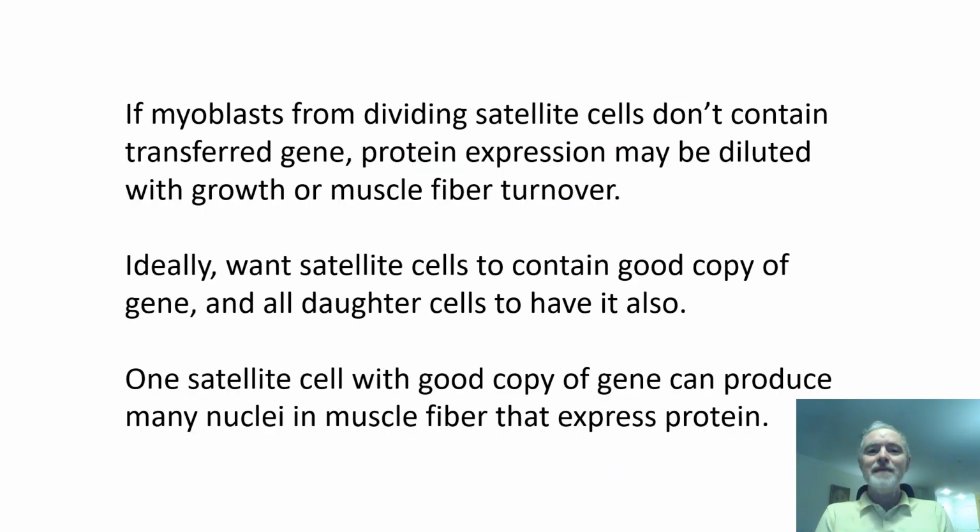So it may be that if a person is treated before they're fully grown, then the amount of the transferred gene and the amount of protein made by the transferred gene will be diluted, and so that won't be as effective at preventing the disease. Also, if it has less protein, there may be a higher turnover of the muscle cells because they don't have all the proteins that they needed to stay healthy.